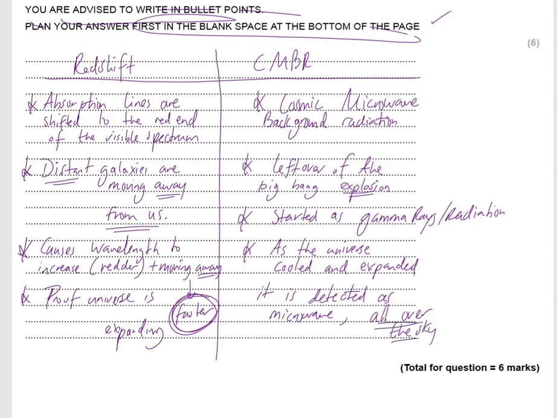So we detect it now. Since the universe has cooled down and has expanded, those gamma rays have been detected as microwave, and it's detected all over the sky. And this proves that the Big Bang theory is correct, and this proves that the universe has a beginning.